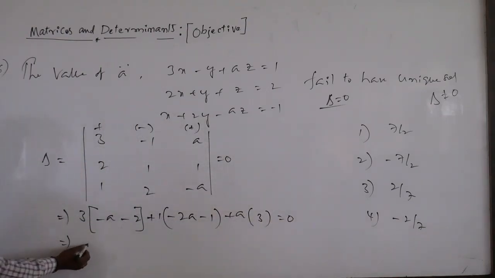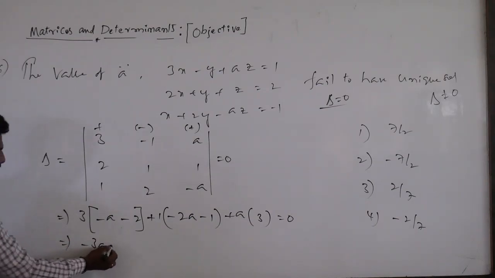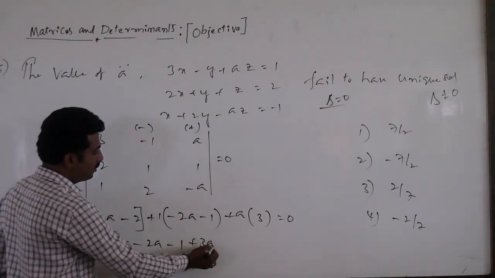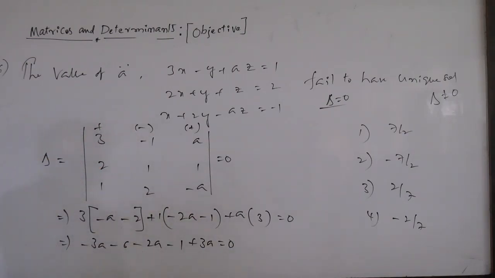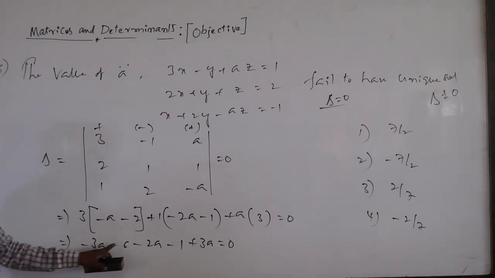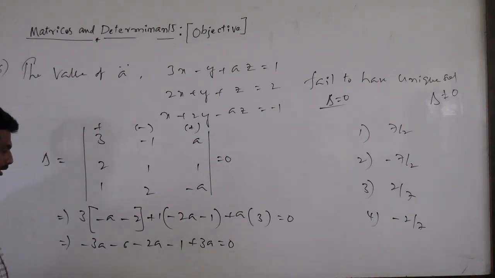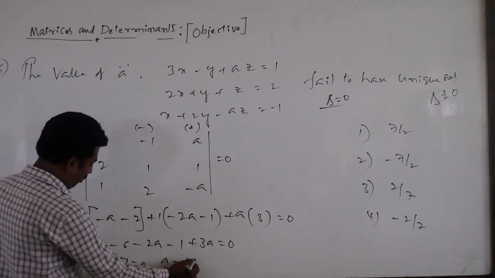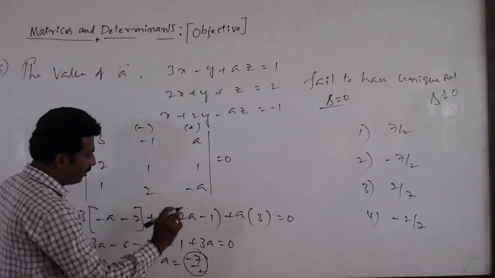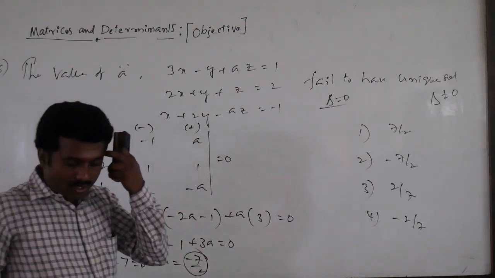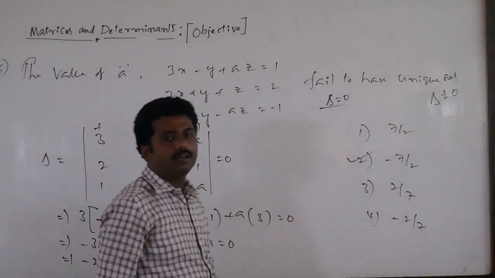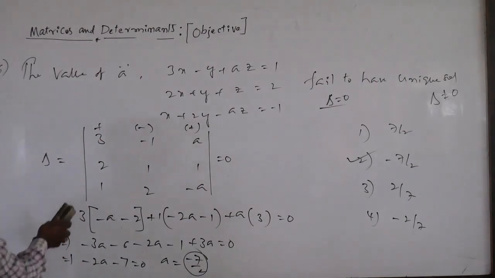So finally, this is minus 3a minus 6 minus 2a minus 1 plus 3a equal to 0. Here, minus 3a minus 2a plus 3a is minus 2a, minus 7 equal to 0. So a equal to minus 7 divided by 2. This is the second option. Next.